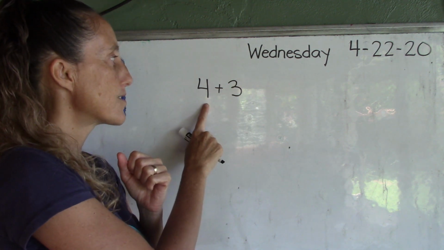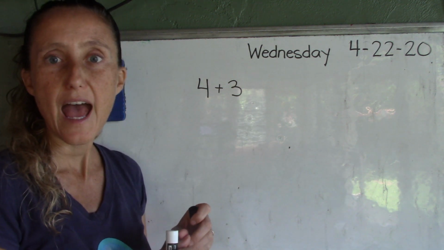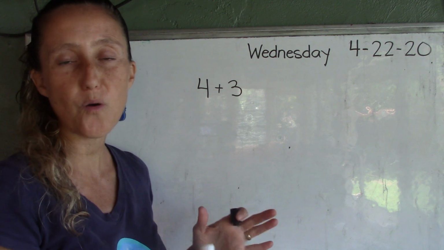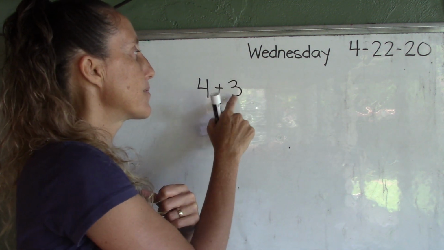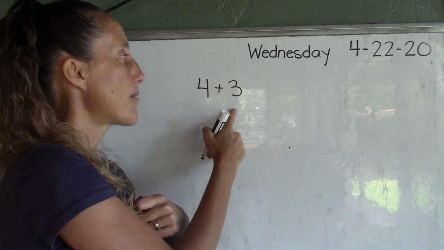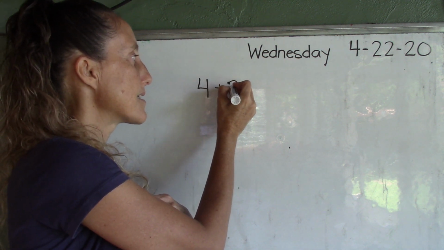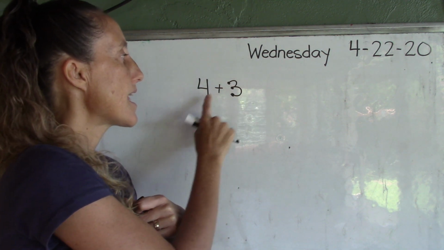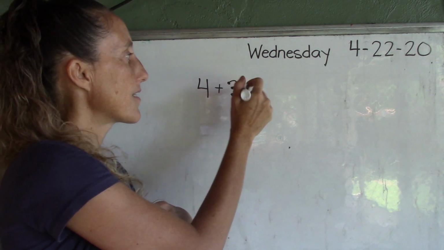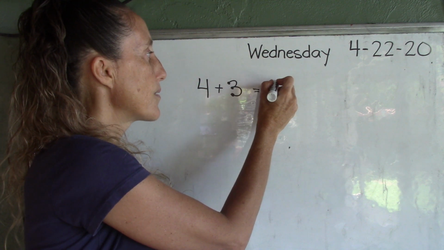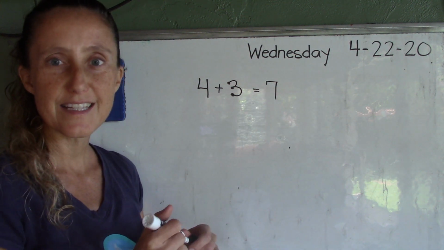We see 4 adults plus 3 baby zebras. How many zebras total do we see? Well, I'm going to do the touch math. I'm going to put the dots on the smaller number, so 3 dots because it's 3. I'm going to say the bigger number and count on 4, 5, 6, 7. So at the zoo, we saw 7 zebras.